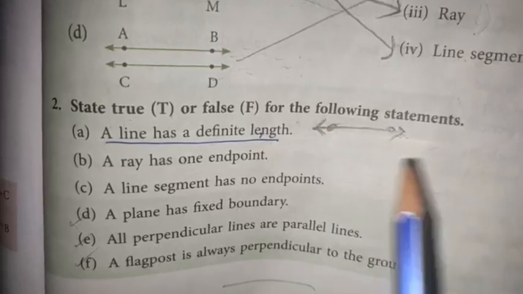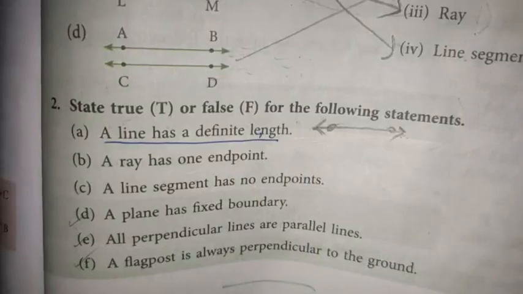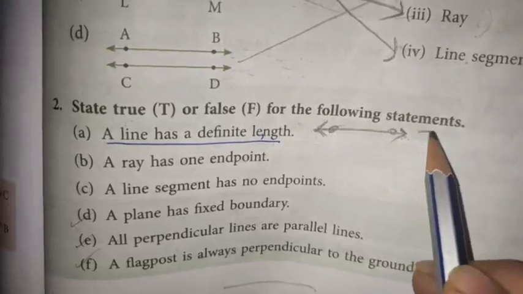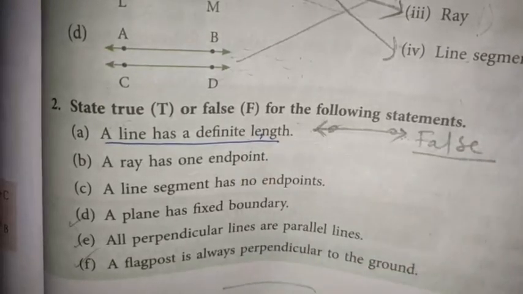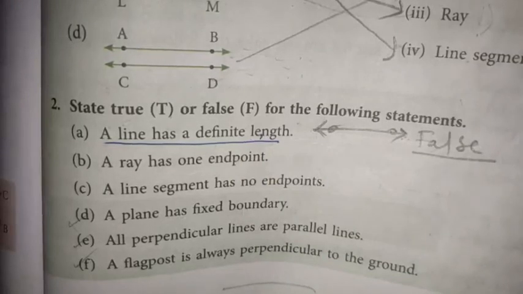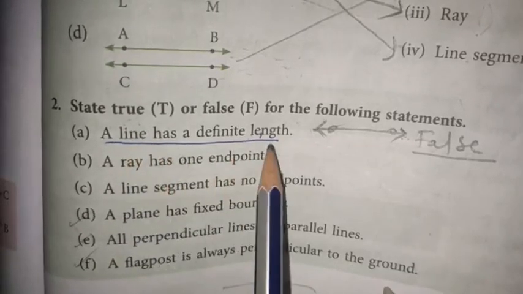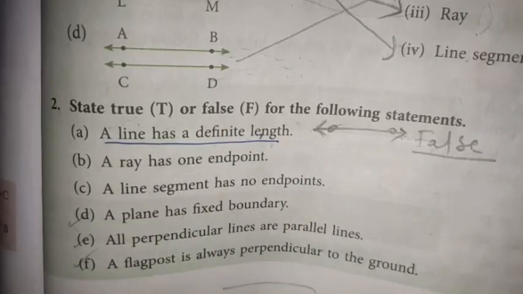I have taught you that a line doesn't have a fixed length, but a line segment has a fixed or definite length. So this answer is false. If there was a line segment here, the answer would be true, but here it is line, so the answer is false.